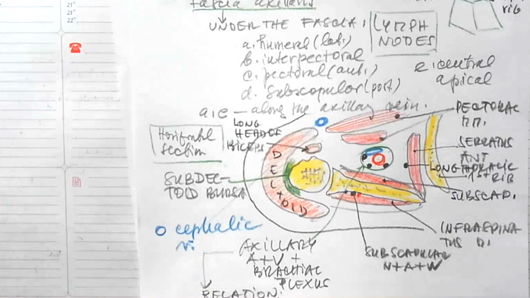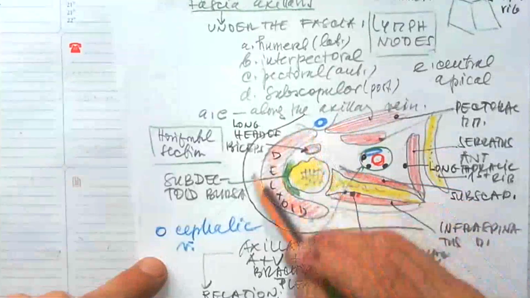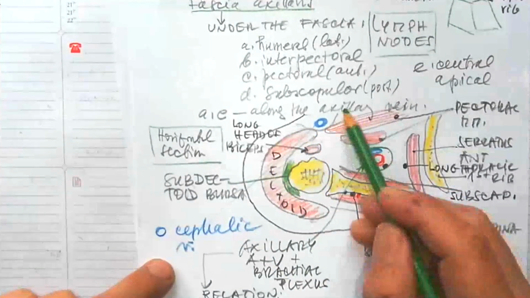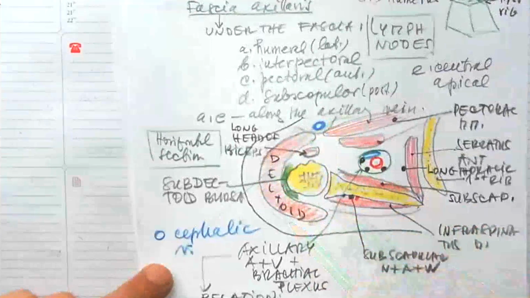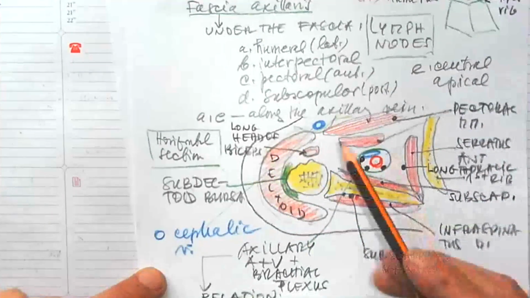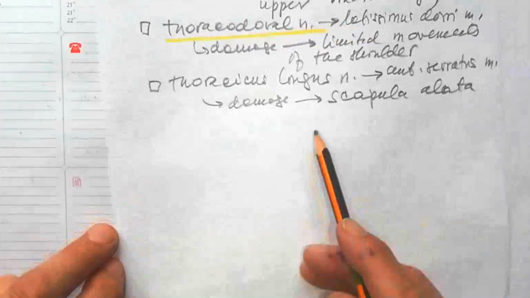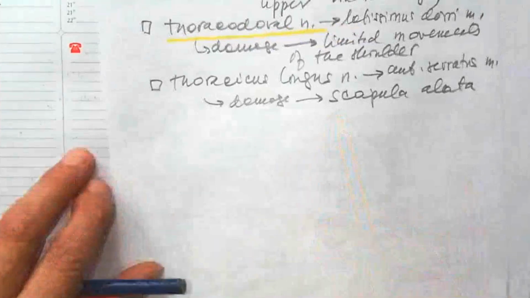It passes in the sulcus, the groove, and this is covered by the fascia. Definitely, everything is covered by the fascia, but the groove is called the deltoidopectoral groove. I will mention it again. So thoracicus longus, scapula alata.